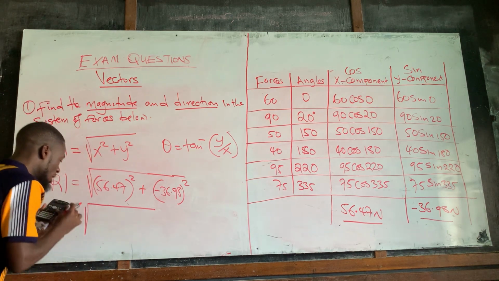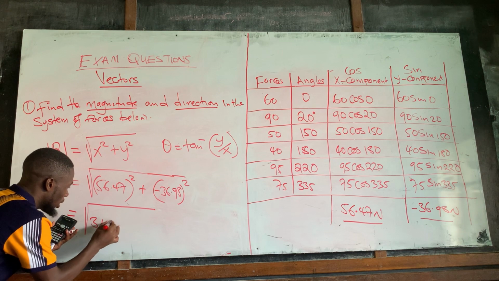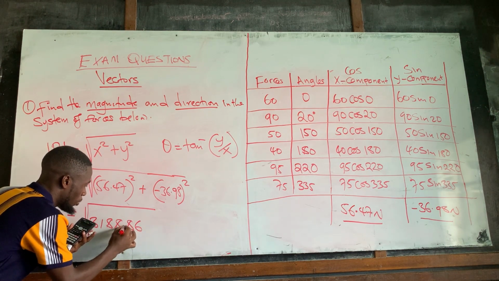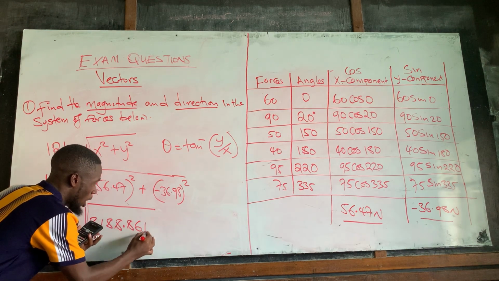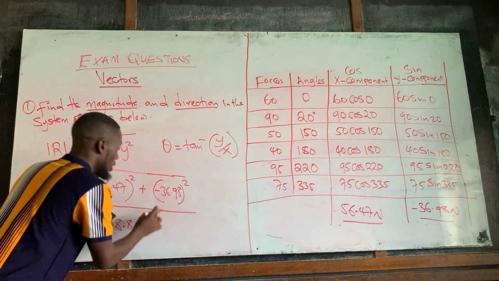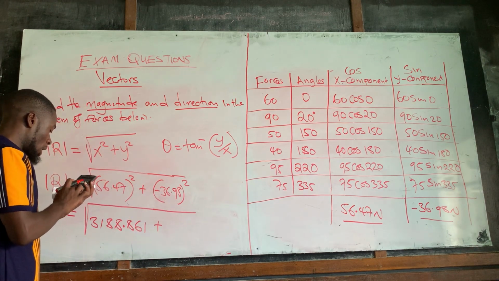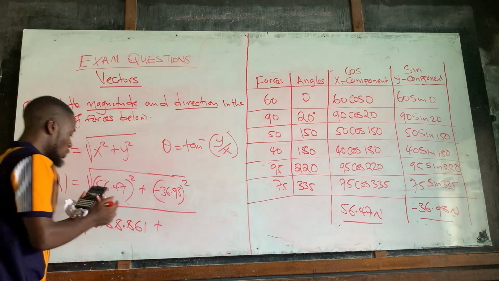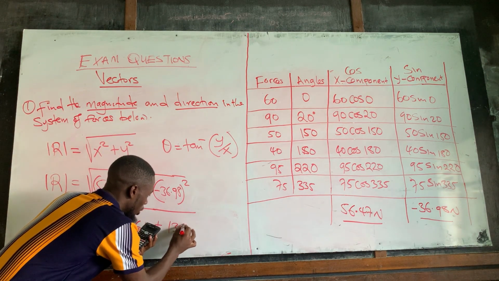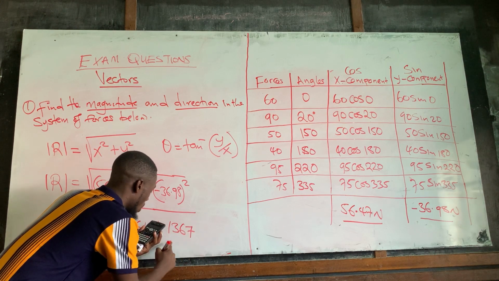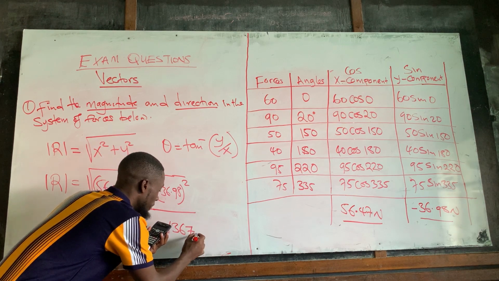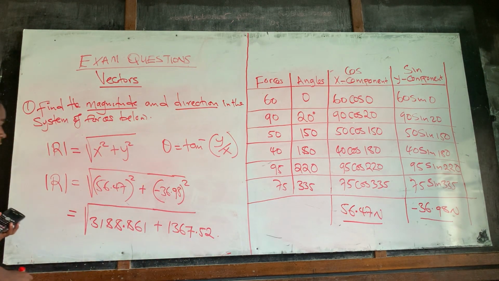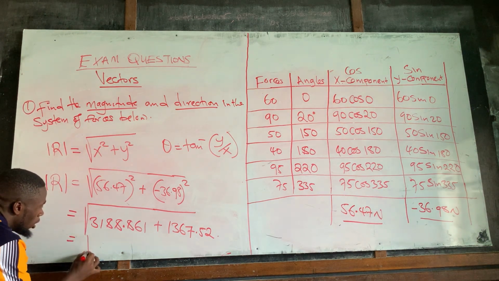This is step 1: 3188.861. Plus, do the same here: negative 36.98 squared. So this one will be 1367.52.